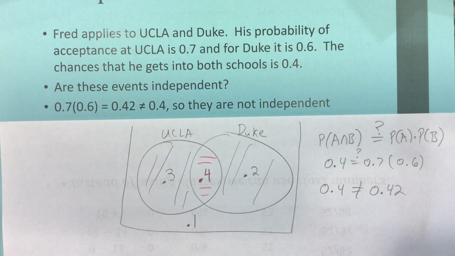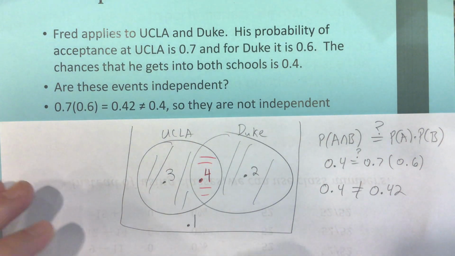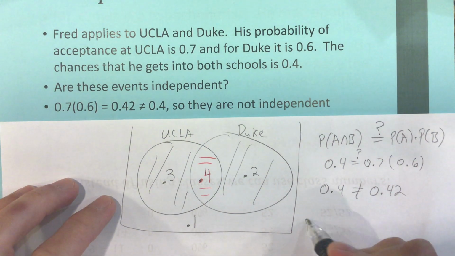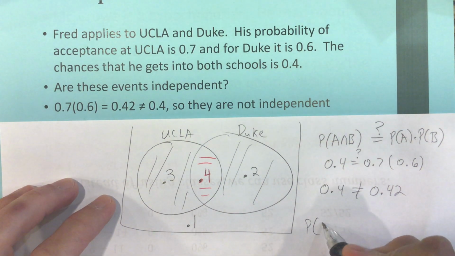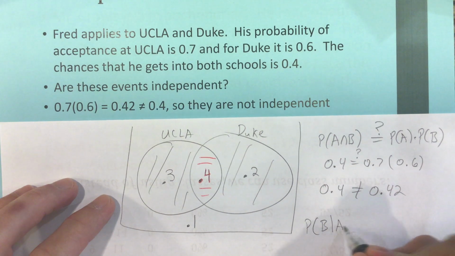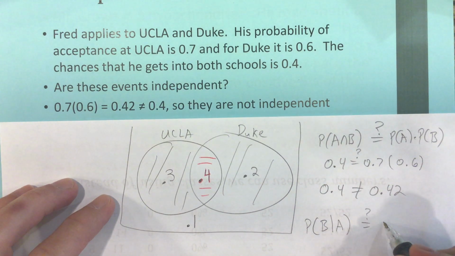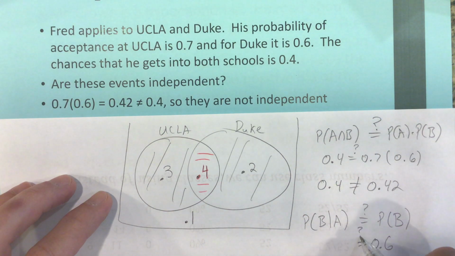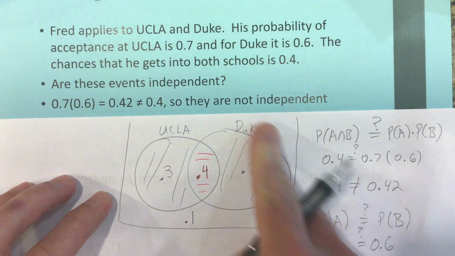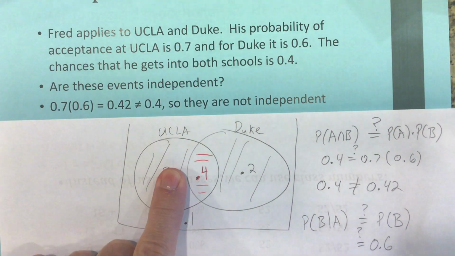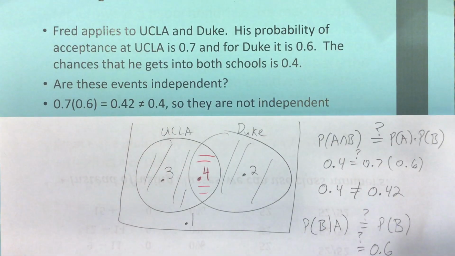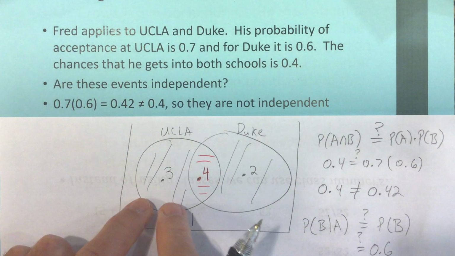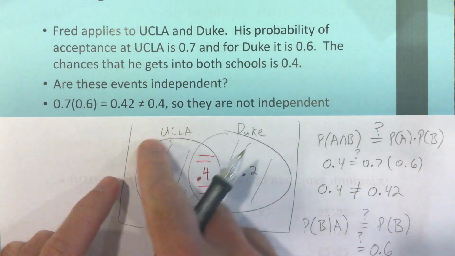Let's use the other checks real quick. So how about the probability of B given A? Does that equal the probability of B? Well, the probability of B is 0.6. The probability of getting into Duke, given that UCLA has already said you're in. Well, that means I'm in this region, which is now my total area.